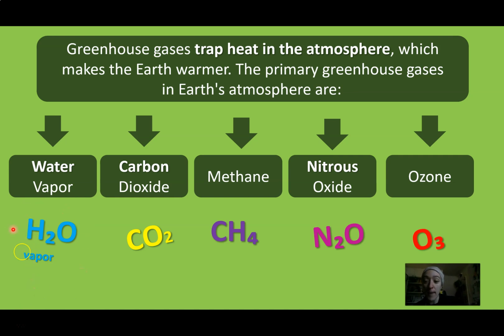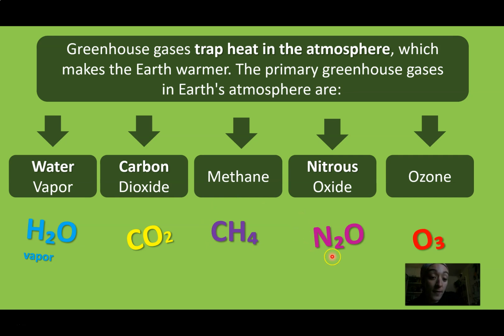Okay, so these are the main greenhouse gases. Water vapor and CO2 are really common ones that you've heard of before. And then you have methane, which is what you smell when you pass gas. It's released from cow manure, and it's also released from decomposing things like rotting plants.